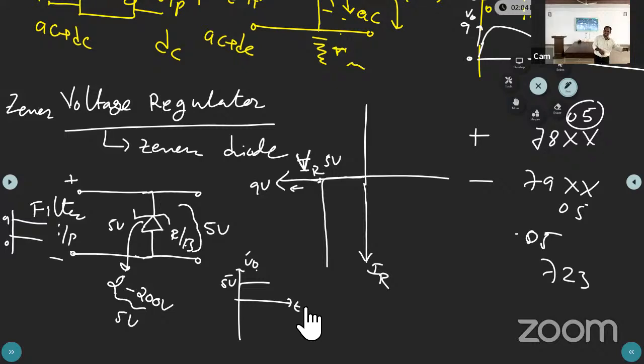If in the saturation region, both junctions are forward biased, so voltage increases and current also increases. That region is called the saturation region. In the saturation region, the transistor acts as an on switch.